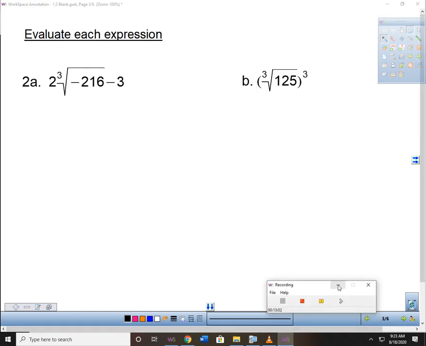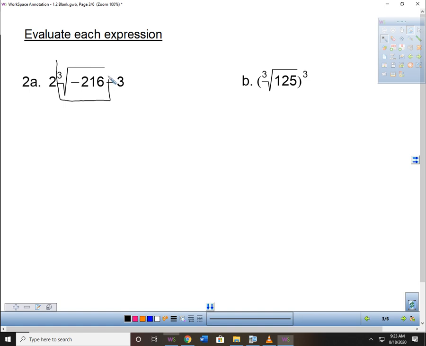Okay, so now we're going to up it just a little bit because we have an expression. So this is a cube root. It kind of looks like 2 to the third because of the way they write this. That's why I hate these, but that's okay. So the first thing you want to do is focus on this root right here, okay? It's kind of like a grouping symbol.